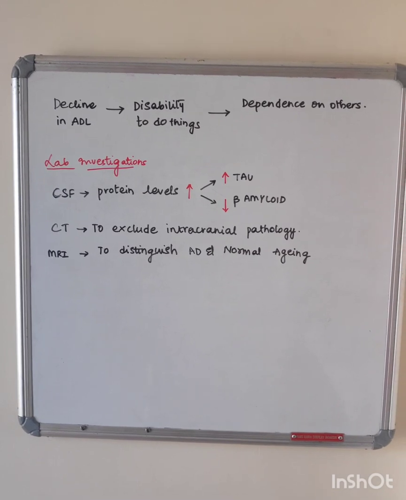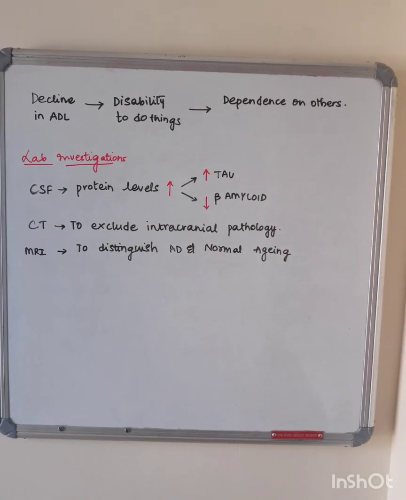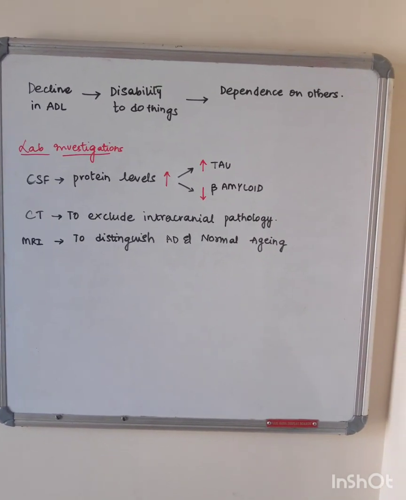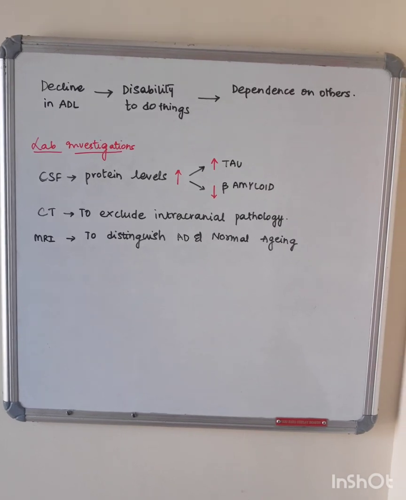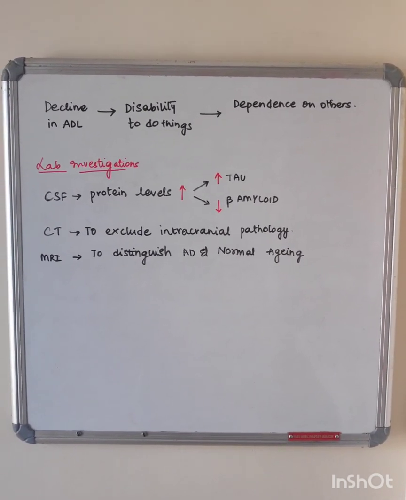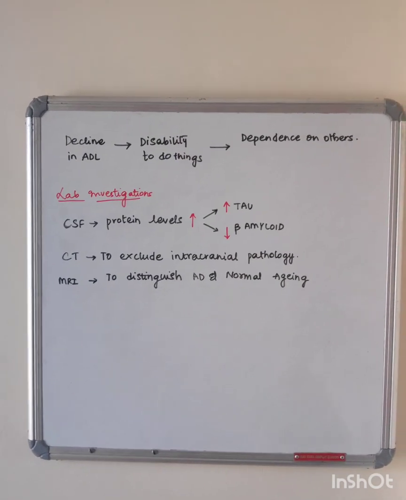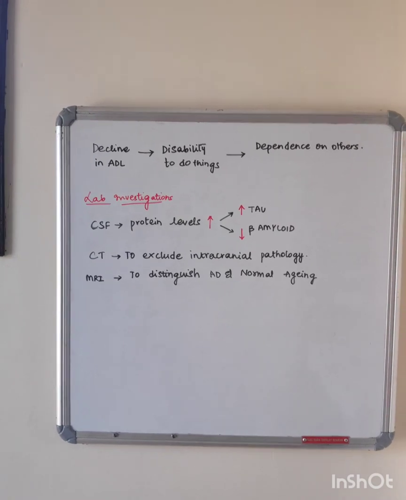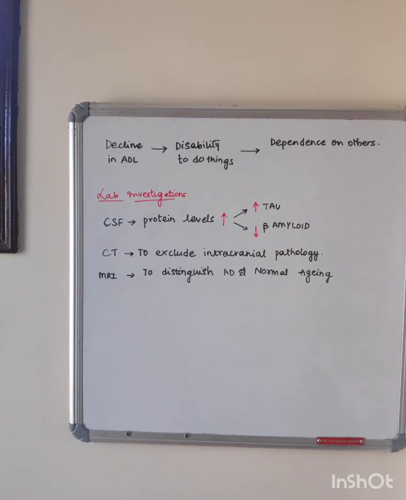A CT scan is done to exclude any intracranial pathology, and high resolution functional MRI is done to distinguish between Alzheimer's disease and normal aging. And the other factors or causes responsible for dementia are also to be ruled out. We should also do blood tests, tests for syphilis, vitamin B12 deficiency tests, and thyroid level tests, etc.